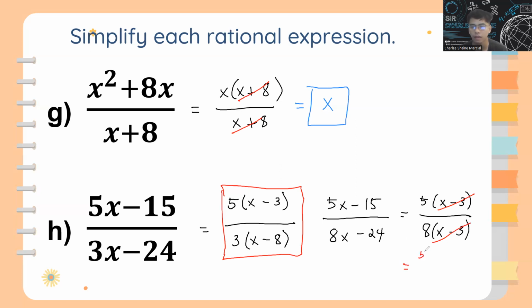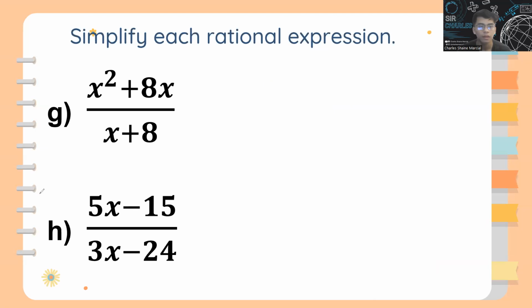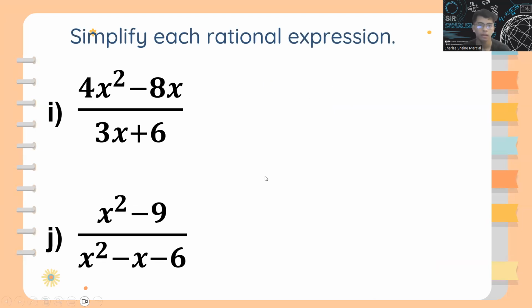And the final answer is 5 over 8. Okay, ganun lang po kasimple. Again, kapag wala tayong nakikitang common factors, if hindi na kayang i-factor, that's the final answer. Okay, so let me clear these drawings so that we can proceed to our next examples.